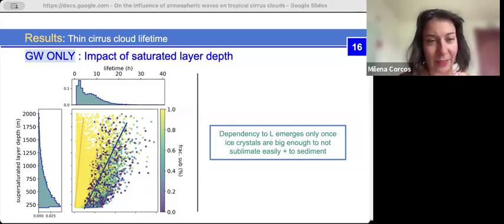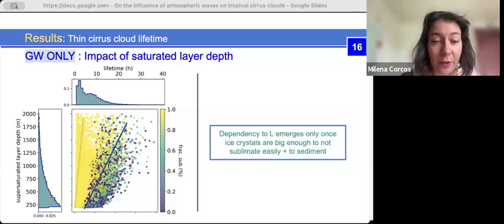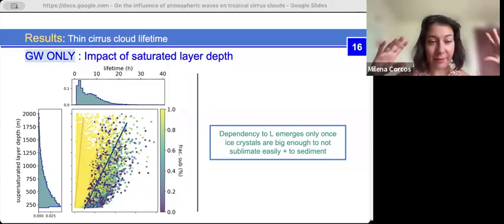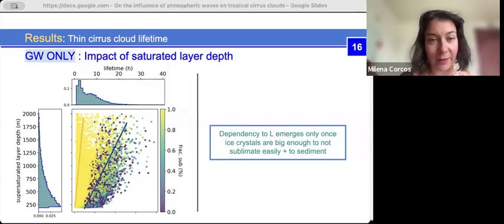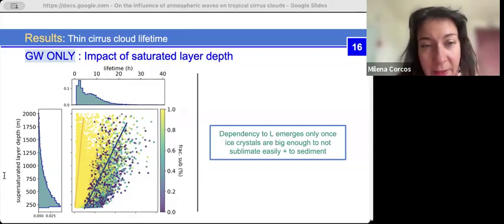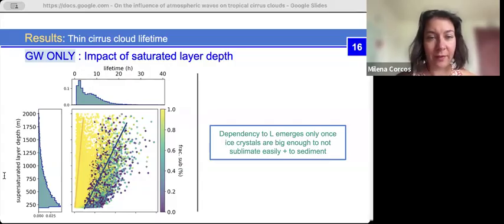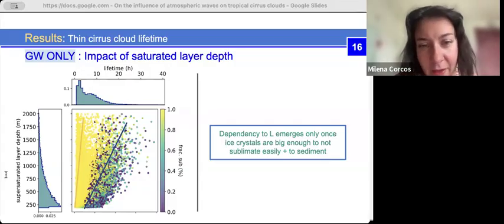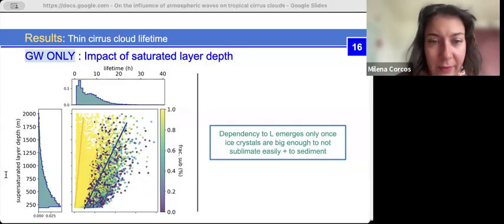And so obviously that will affect the lifetime. We varied this parameter in our simulations, as the Be Cool observations found different thicknesses of clouds. And you can see the distribution of this parameter over our 50,000 simulations on the left panel.